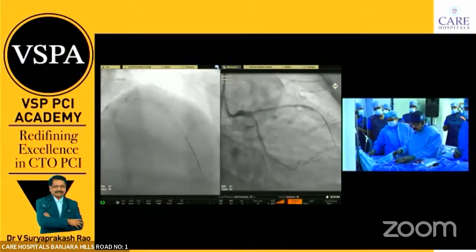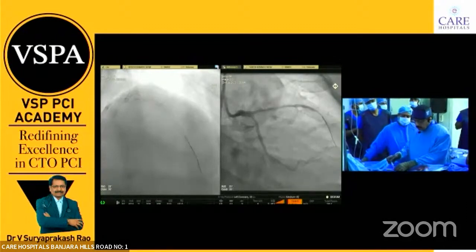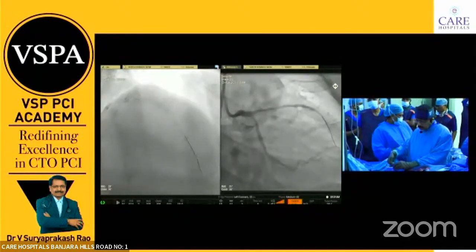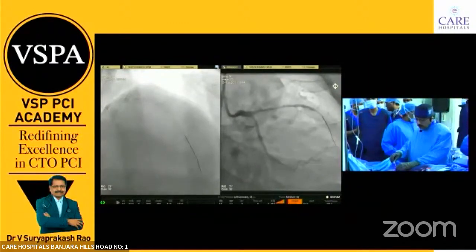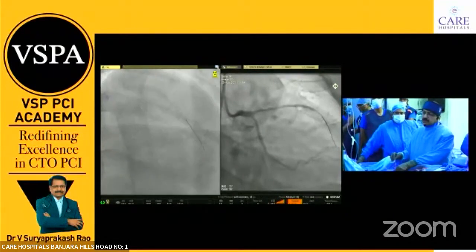These things happen. That's why routinely we give. How the distal vessel grows over a 6 month period, we have to watch these patients.